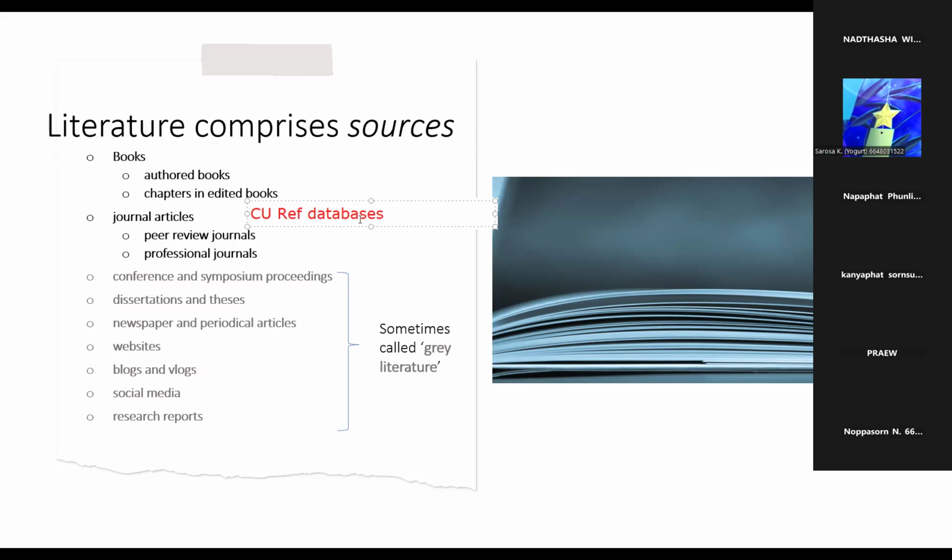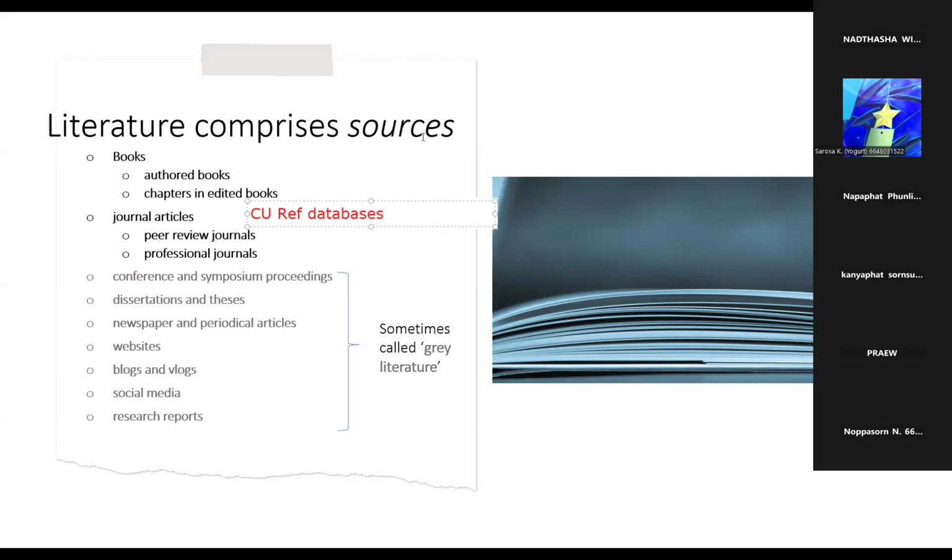There are two types of journals. First, peer-reviewed journals. I mention again about peer-reviewed journals. As article authors, you don't know who your reviewers are, right? But the reviewers come from the same fields as your study.